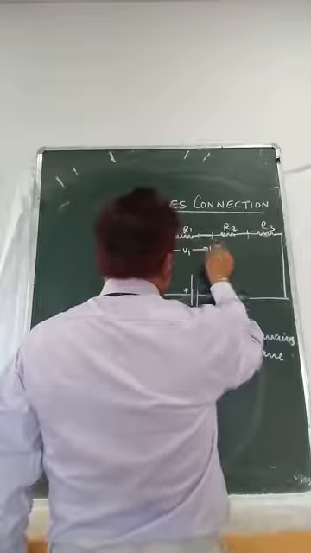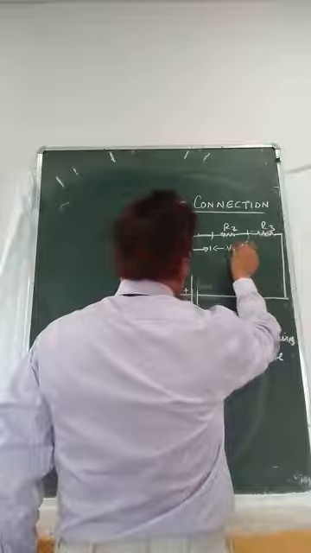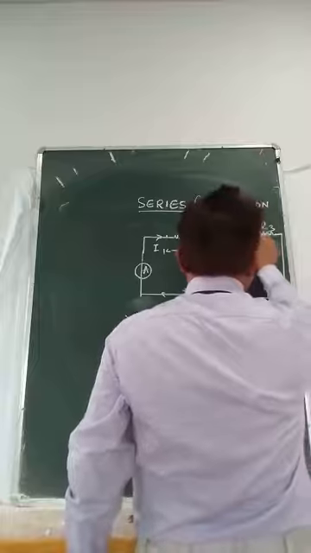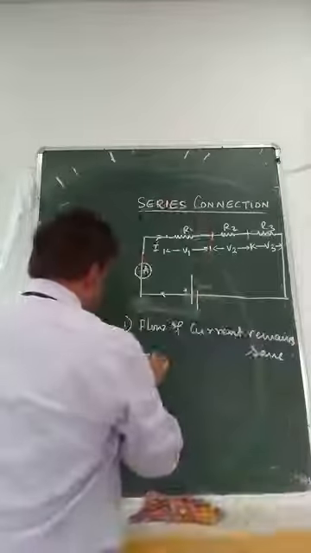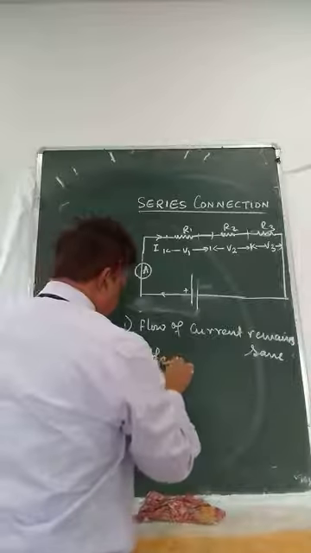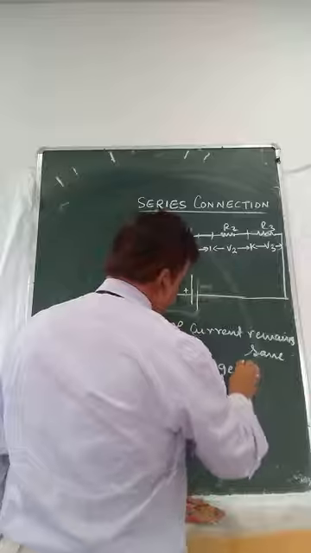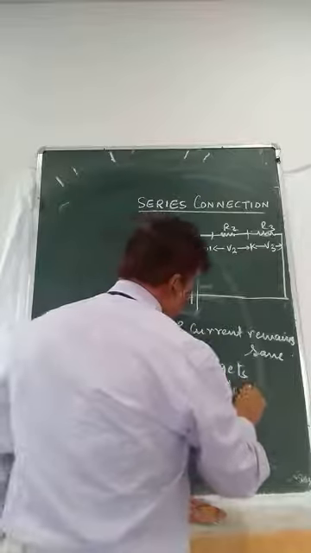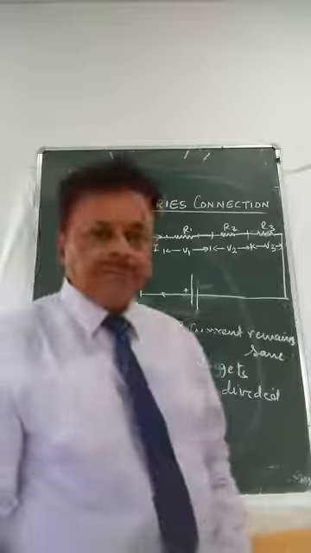Here to here is V2. For this piece of resistor, the potential is V3. That means the potential gets divided. So these 2 points you have to remember.